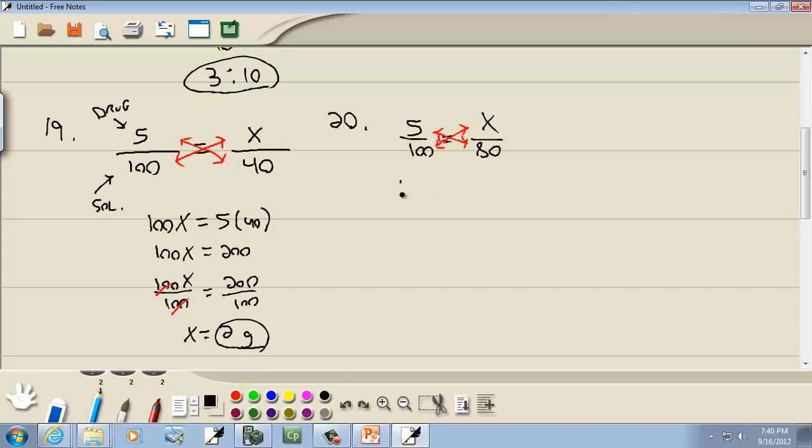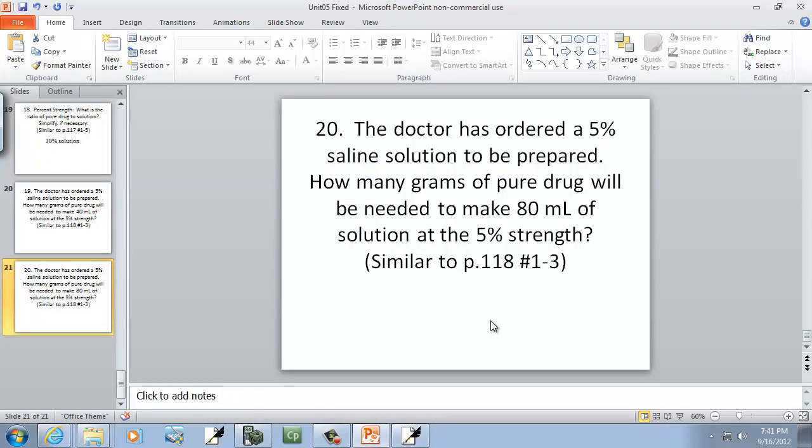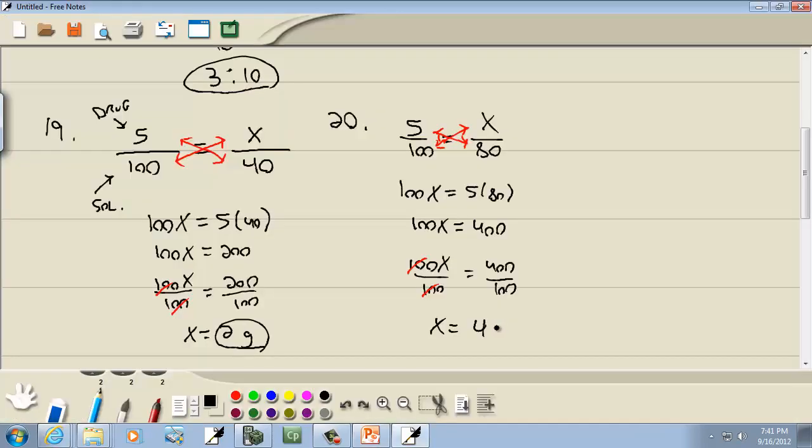So 100 times x is 100x, and 5 times 80 gives us 400. And then divide both sides by 100 to get rid of the number before the x. And those hundreds cancel there. And 400 divided by 100 gives us 4. And I'm assuming this is grams again. So that'd be our answer.